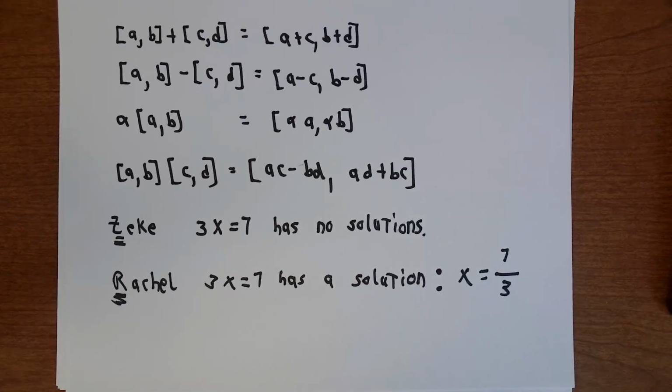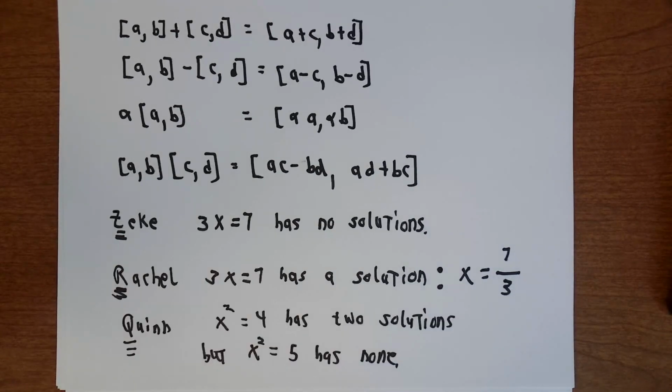I imagine that Zeke would be grumbling for some time, but eventually would come to grips with it. Rachel's friend Quinn, who also knows all about rational numbers, but no other type, would happily agree that the equation x squared equals 4 has two solutions. However, he'll claim that x squared minus 5 has none because there is no rational number that you can square and obtain 5 for an answer.